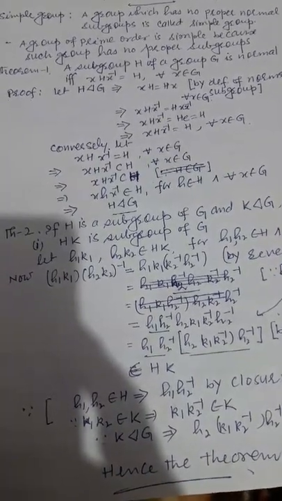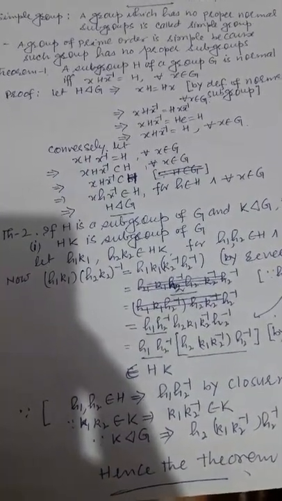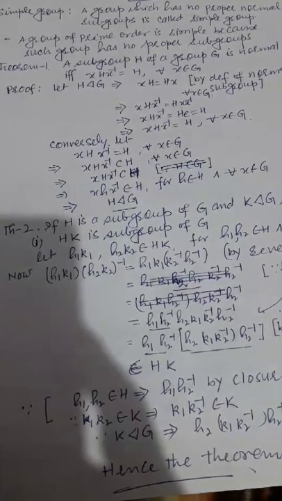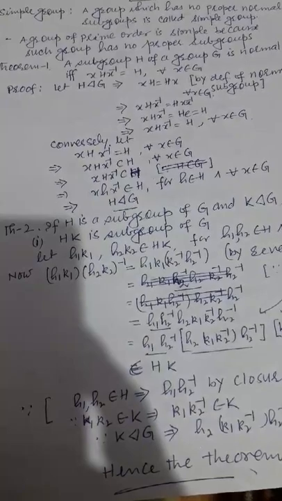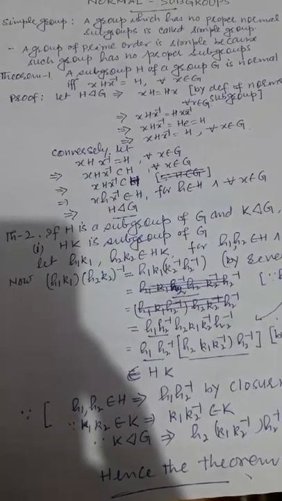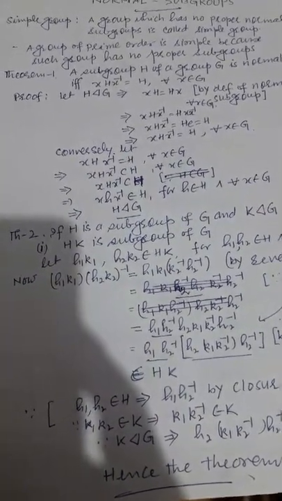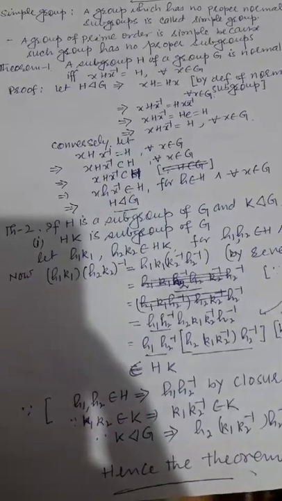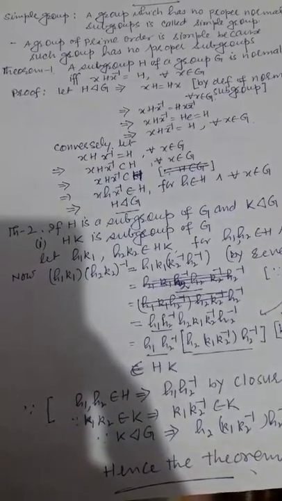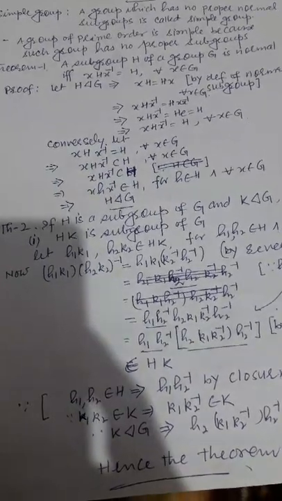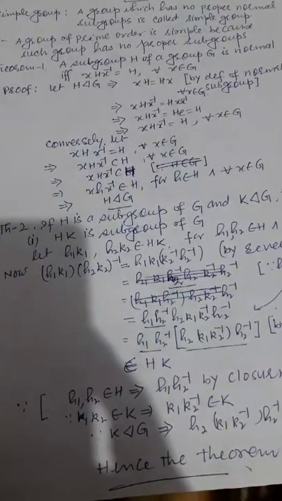And we have defined that if a subgroup exists other than them, then we call it a proper normal subgroup. So how can we define a simple group?